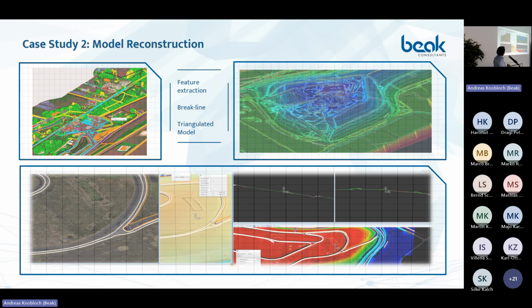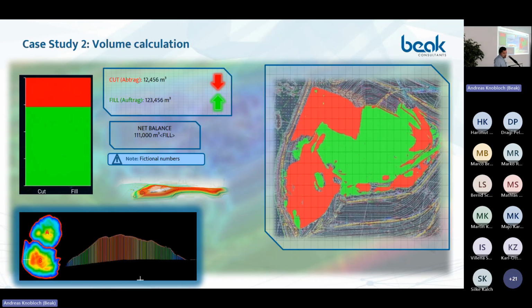On the top right, this is the triangulated model of the whole area, and this is the active part, as you see, this blue part. And this is just showing the method that we use to do this type of 3D modeling.